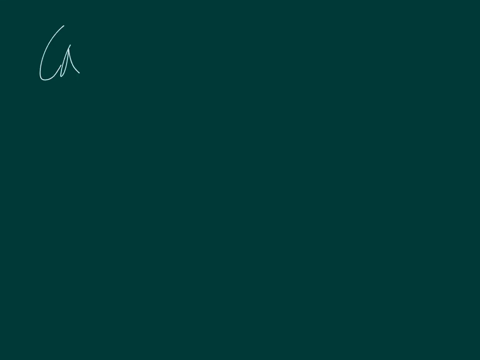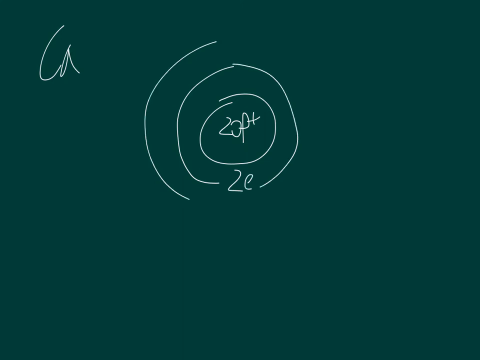so let's look at Ca, calcium. 20 protons, 2 electrons, 8 electrons. But because 20 is below element 31, we are not going to use the 18 electron rule yet.